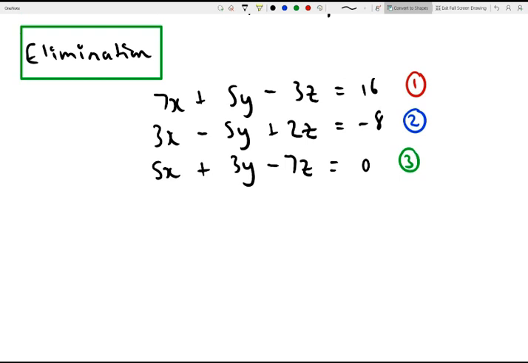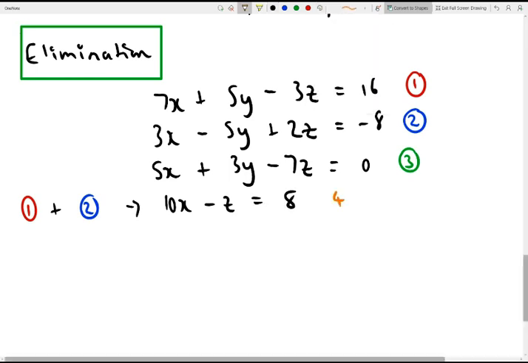So let's solve this using elimination, and let's first of all eliminate y first. So if we take equation 1, add it on to equation 2, and we get 10x minus z is 8, and let's call that equation 4.